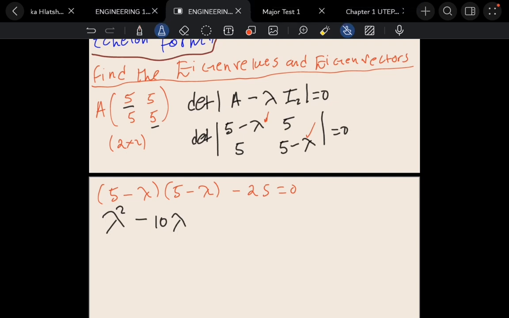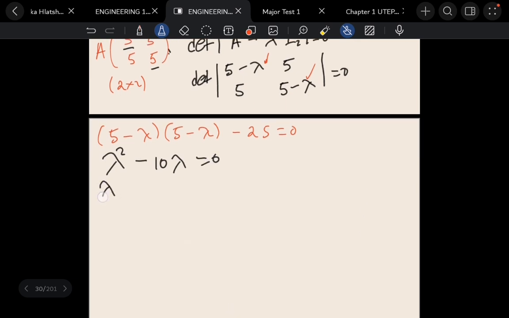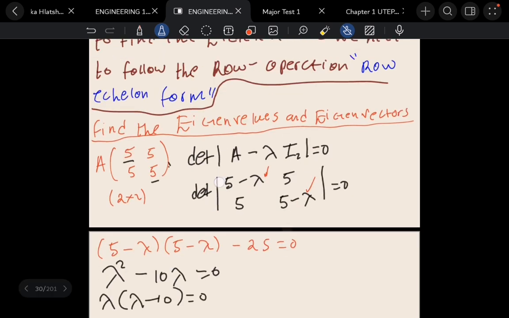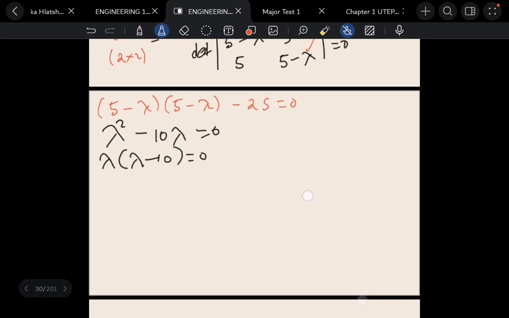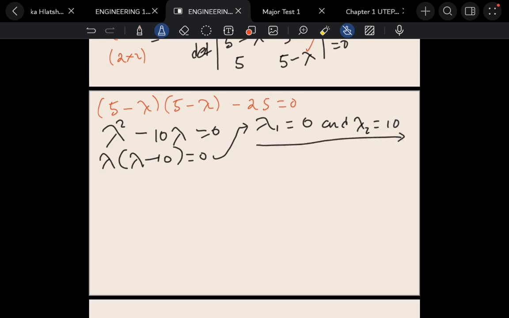You can try to find it by yourself, but the determinant of this matrix is 0. So this thing is equal to 0. If you factorize lambda, I'm going to have lambda times lambda minus 10 is equal to 0, so lambda 1 is equal to 0 and lambda 2 is equal to 10. The first lambda must always be the smallest and the second lambda the biggest.